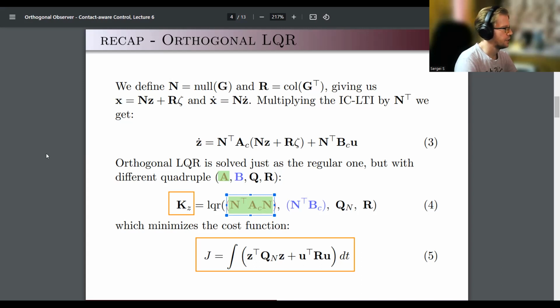And where you would normally substitute the B matrix, you substitute N transpose BC. Where you would normally substitute your Q matrix, which is multiplied by X on both sides, here you substitute Qn, which is multiplied by Z on both sides. The relation between Qn and Q is that it is conjugated by N, like N transpose Q N.